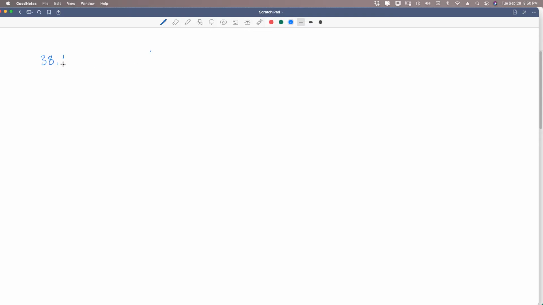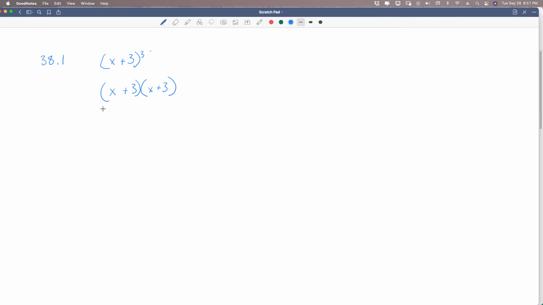38.1 is x plus 3, and this is cubed. So we're going to write that out. First, we're going to do x plus 3 times x plus 3.